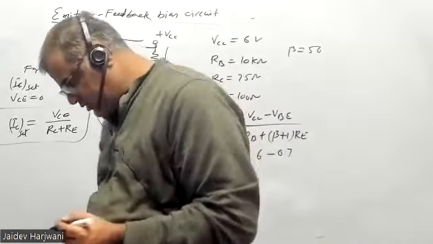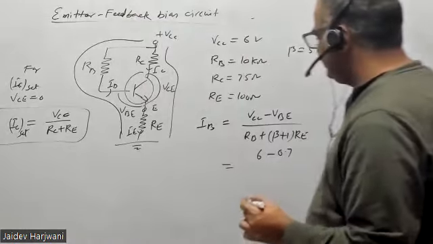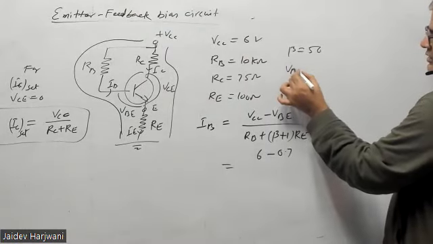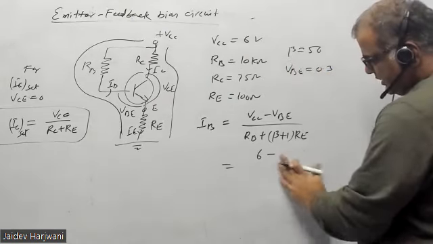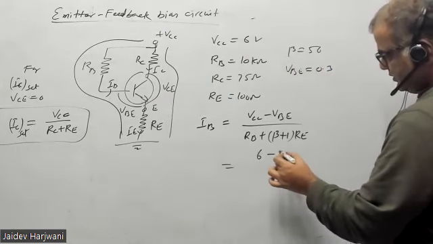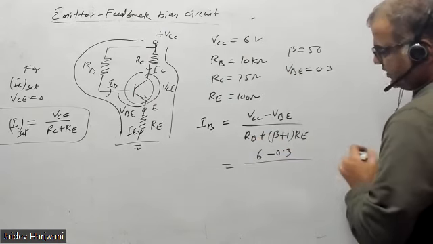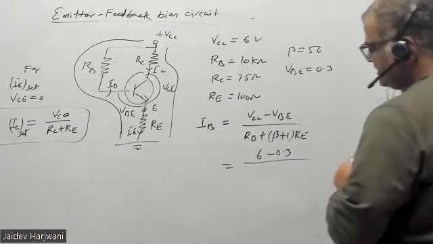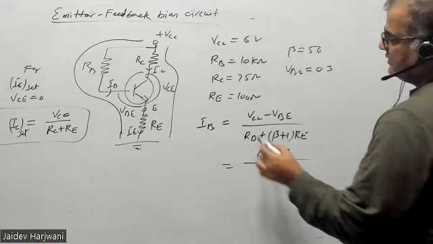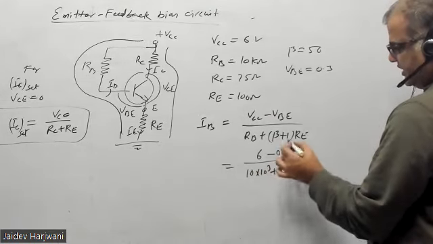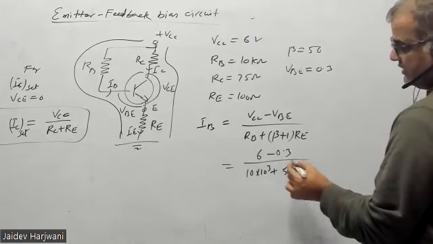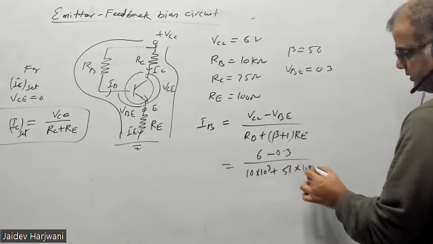Actually 0.3, this time take 0.3 for this question. You can take 0.7 also, but then I don't have the answer, so matching will be difficult. And RB is what? RB is given 10 kilo. Beta is 50, so 51 into RE, which is again 100.